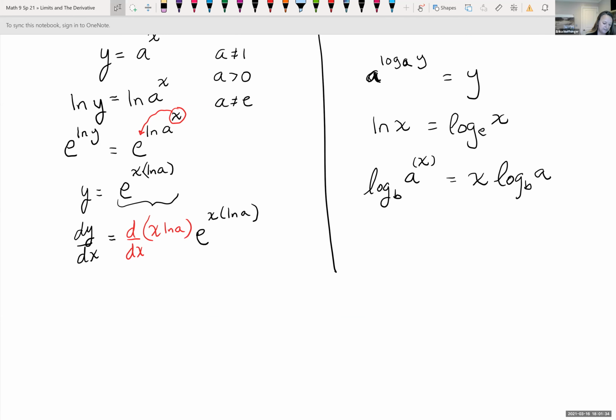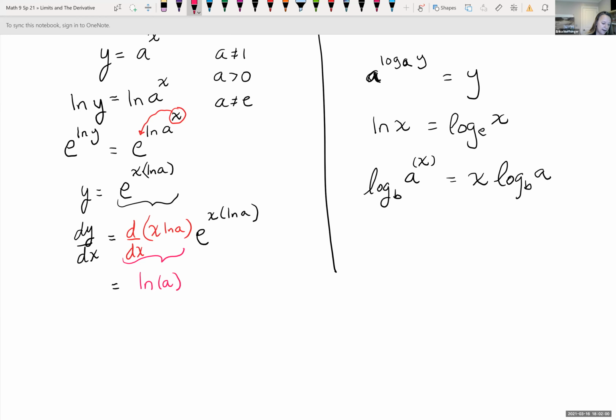Okay, so the derivative of x times the natural log of a. Well, the natural log of a is just a constant. It's some coefficient, some number. It's not a variable. And so all we're doing is taking the derivative of x, which is 1, times that coefficient natural log of a. So the derivative of x times natural log of a is just the natural log of a.